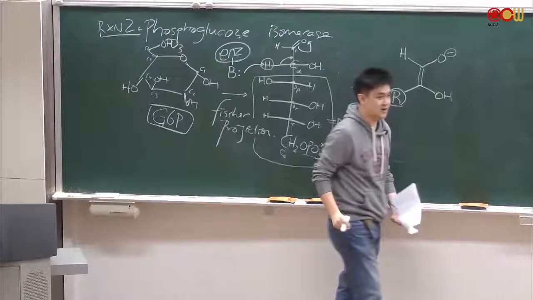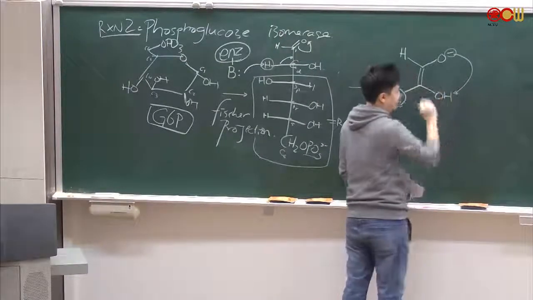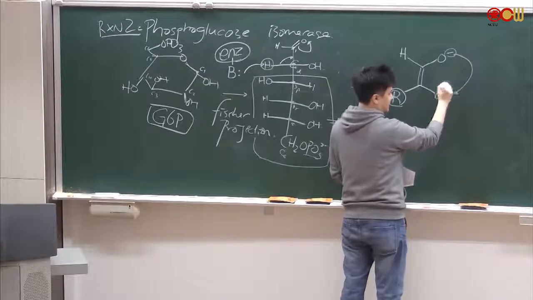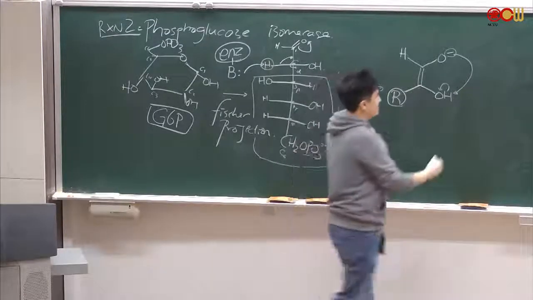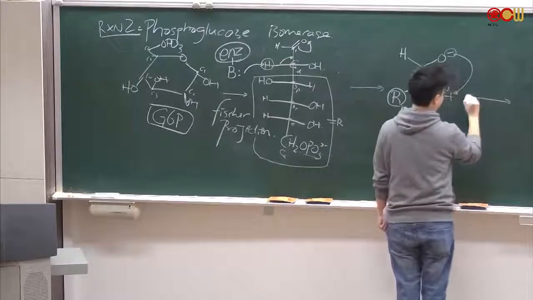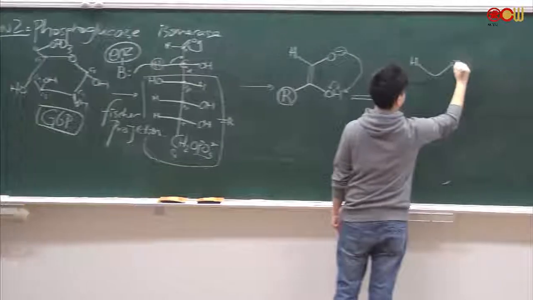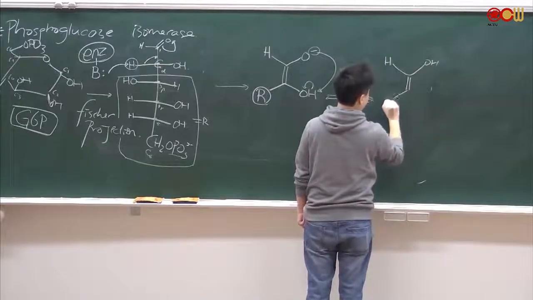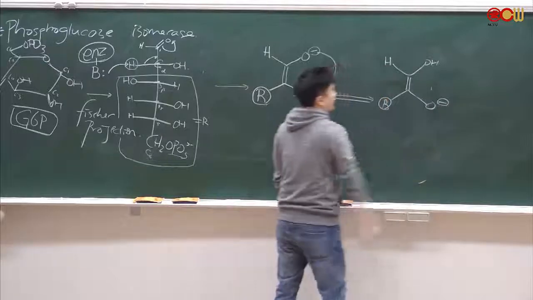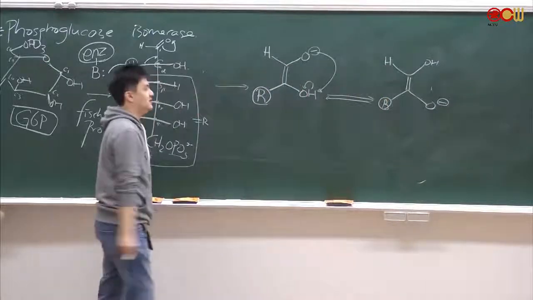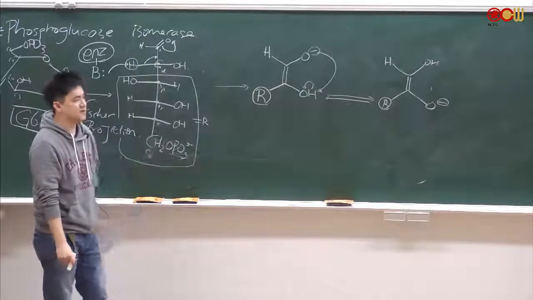It's going to grab a proton. Turns out it's going to grab this guy, and then the electrons pop over here. So then what you'll get is, you move the negative charge from the top oxygen to the second oxygen.